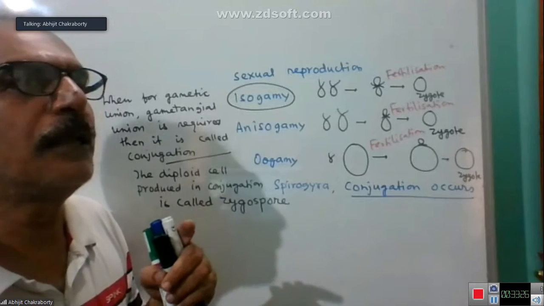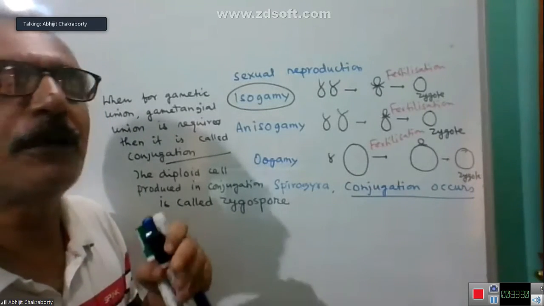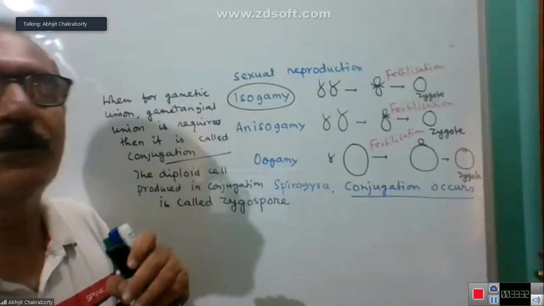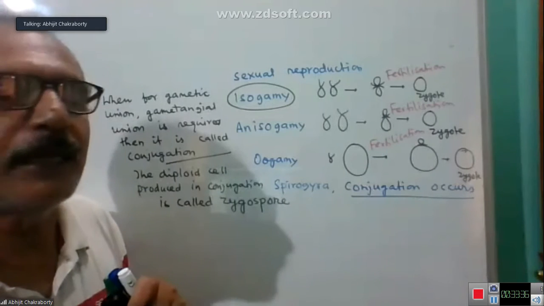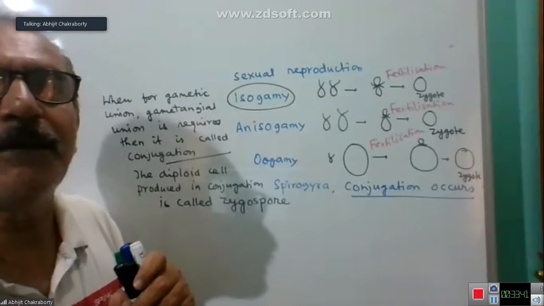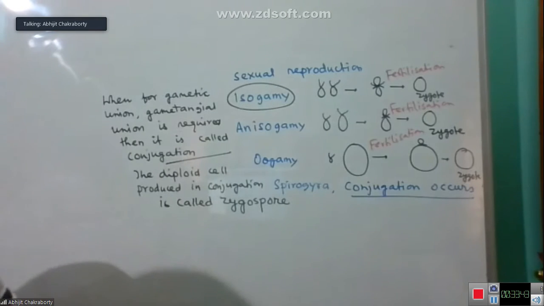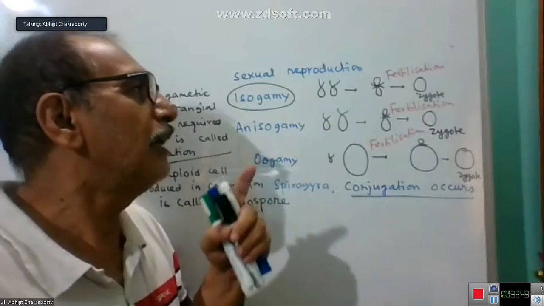Here fusion of two similar gametes occurs. Both are similar in size and shape, so you cannot differentiate which one is the male gamete or the female gamete. Such a type is called isogamy. Is it clear now?